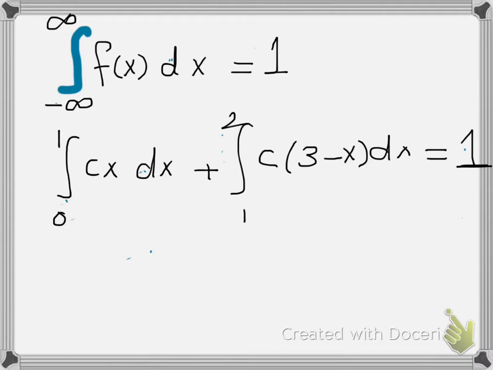Now what we are going to do, c is common between these two integrations. We can take out the c outside and then put the integration from 0 to 1 of x dx.